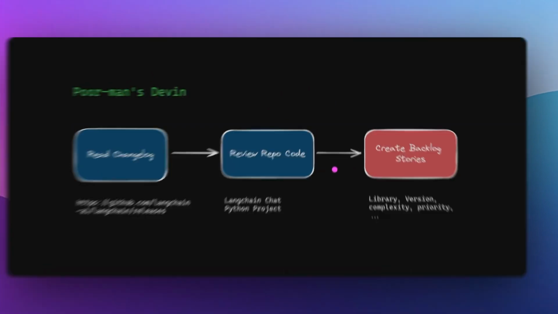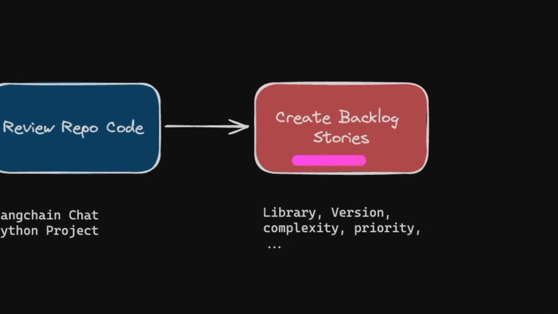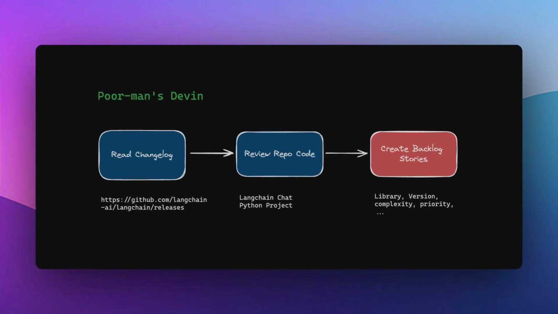And finally, pass that information to the product managers to create backlog stories, which include library names, version, complexity, priority, and other information.